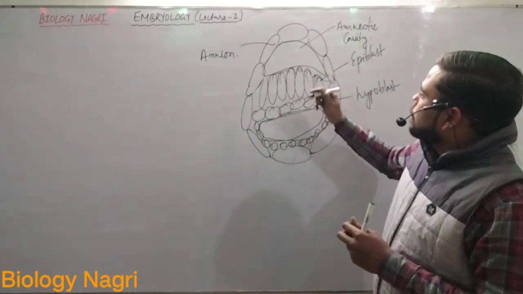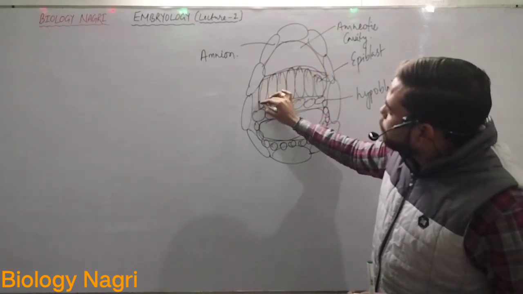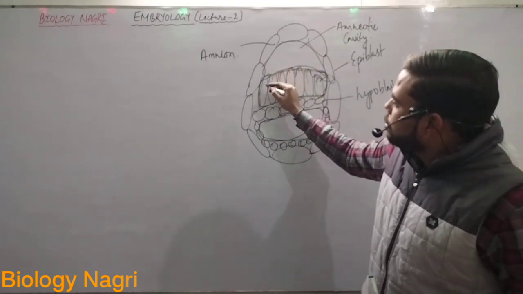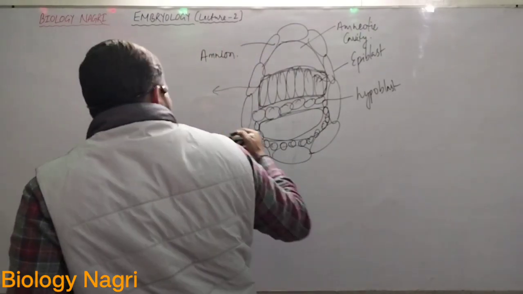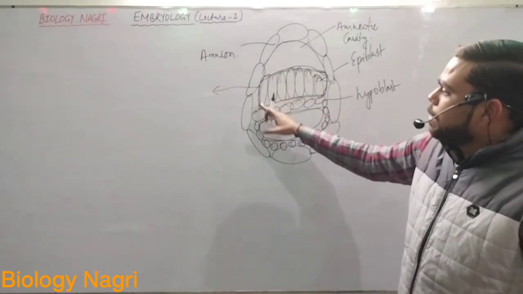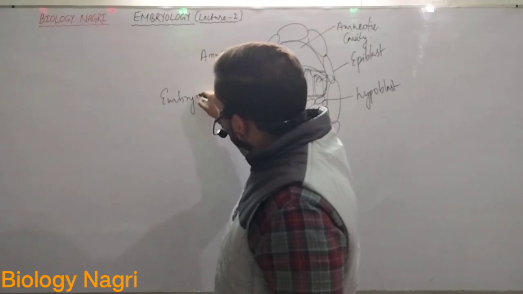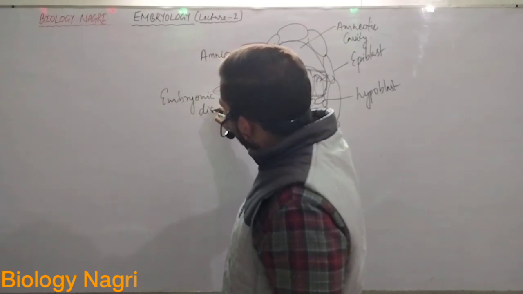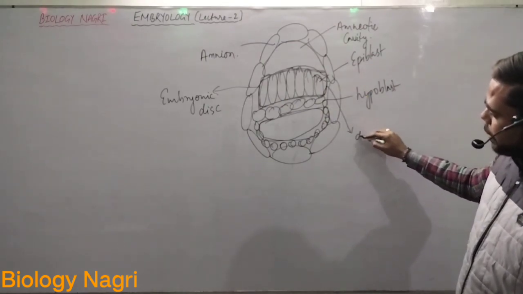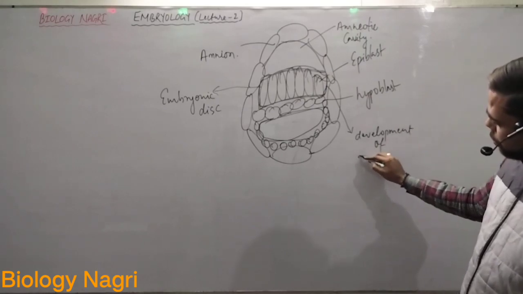Okay. Now, this middle portion, I am talking about this epiblast cell. This is an embryonic disc, and this embryonic disc will further go for the development of three germ layers.